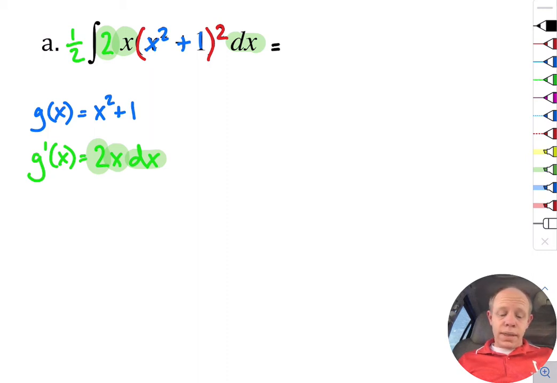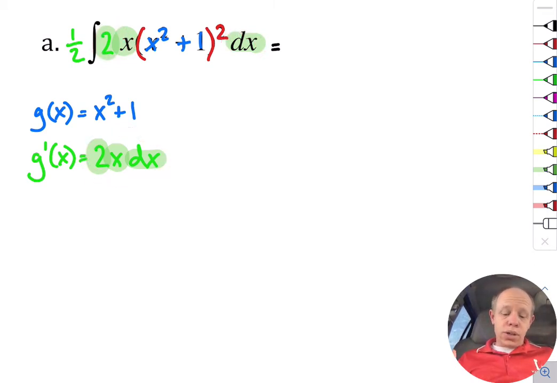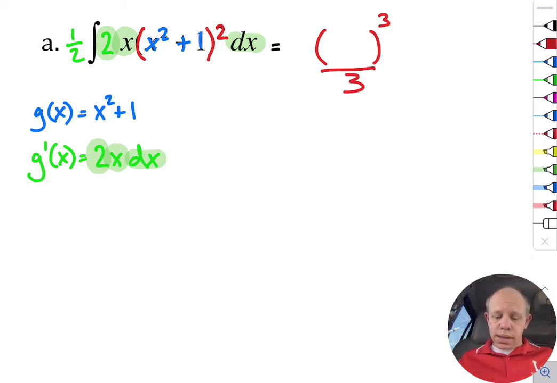So now that we have the entire derivative of the inner function in the integrand, we can just do the antiderivative of the outer part, something squared. So we have the something to the third power over 3. The g prime of x gets pulled back into that inner function. So we have x squared plus 1.